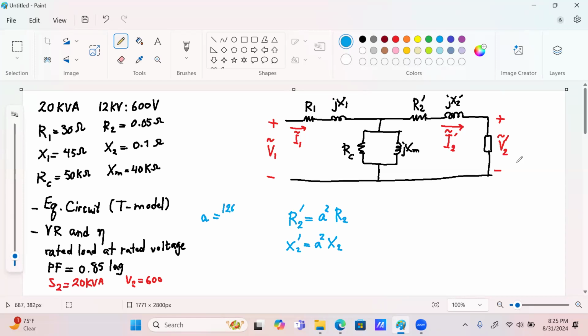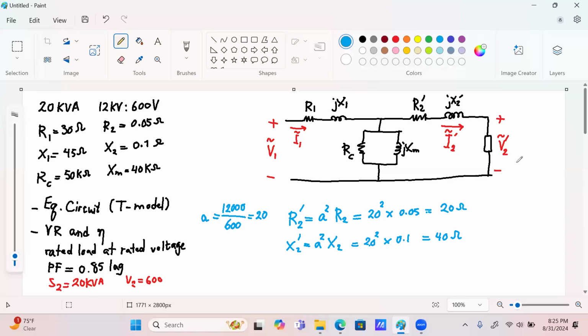So that's 12,000 divided by 600, which is 20. Hence, my R2 prime is going to be 20 to the power of 2, or 400, times 0.05. That's 20 ohms. And then for X2 prime, that's again 20 squared times 0.1, which is 40 ohms.